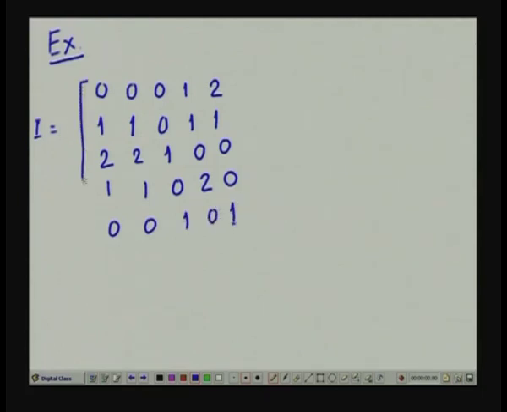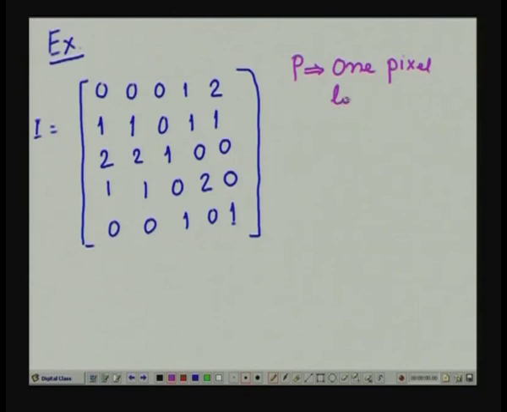Suppose this is our given image, and let us assume that the position operator, say P, indicates 1 pixel to the right. So, from this given image and this position operator, how can we generate our matrix A?